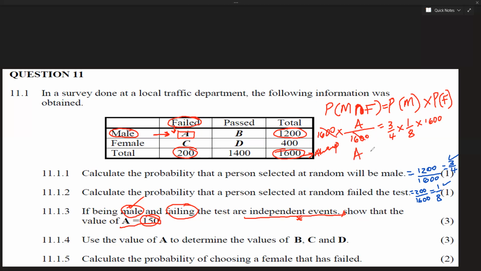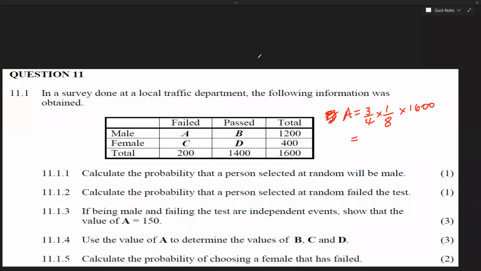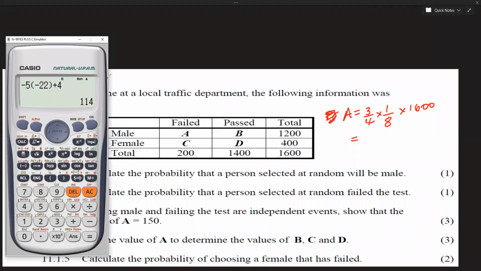And then A will be equal to, let's get a calculator and see. Okay. So on the calculator, we're going to say 3 over 4 multiplied by 1 over 8 multiplied by 1,600. And we indeed get this value, right?